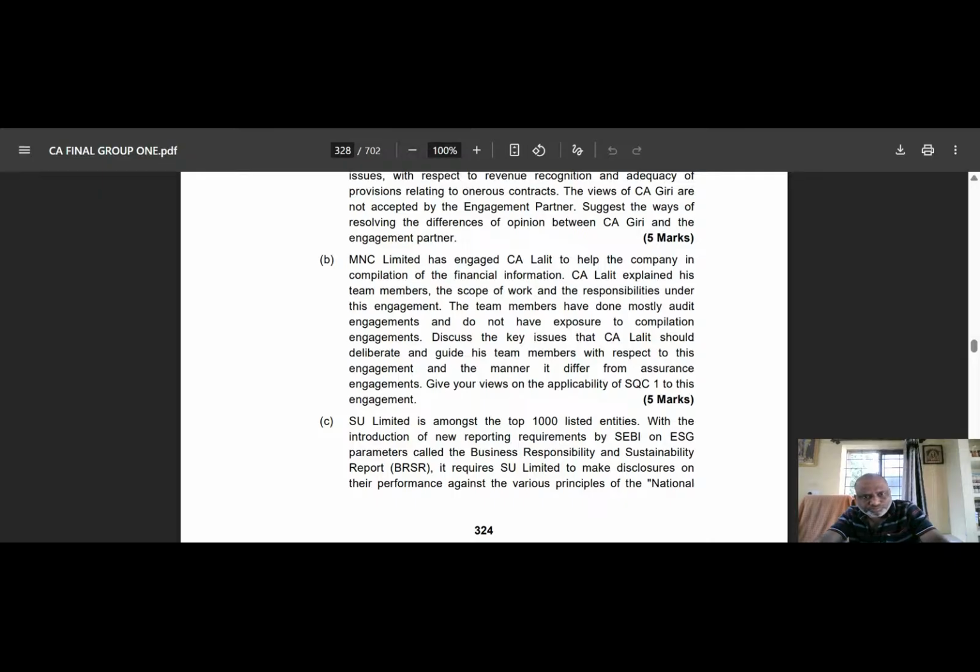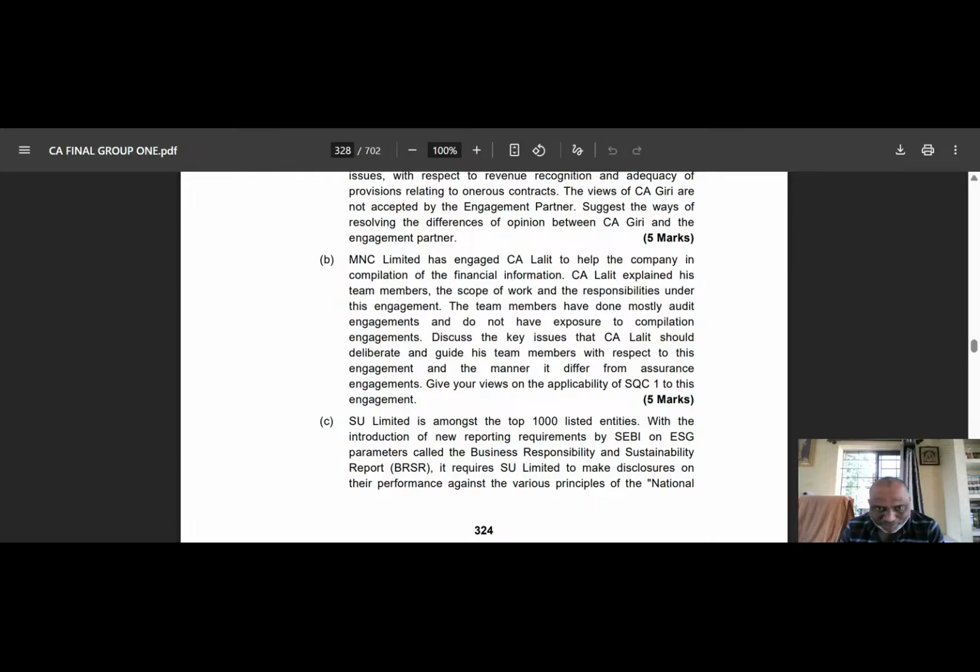Question number 4B. MNC Limited has engaged CA Lalit to help the company in compliance of the financial information.